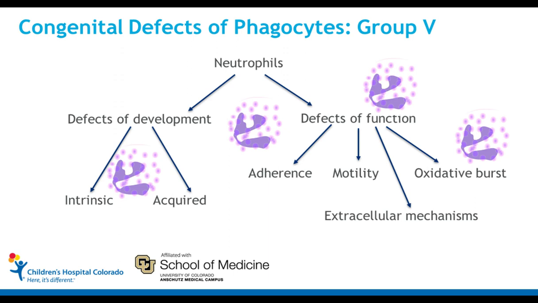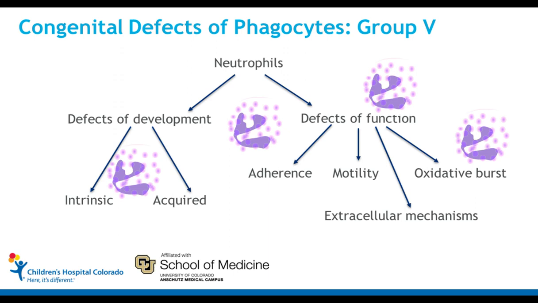So we'll move on to group 5 and talk a little bit about congenital defects of phagocytes. Again, with neutrophils, we can consider defects of development that can be intrinsic, genetically acquired, or acquired defects due to, say, drug-induced neutropenia.